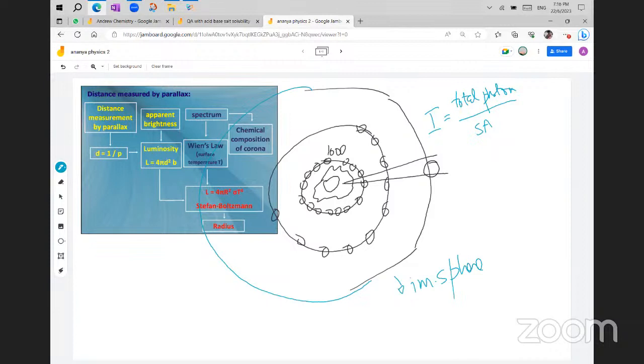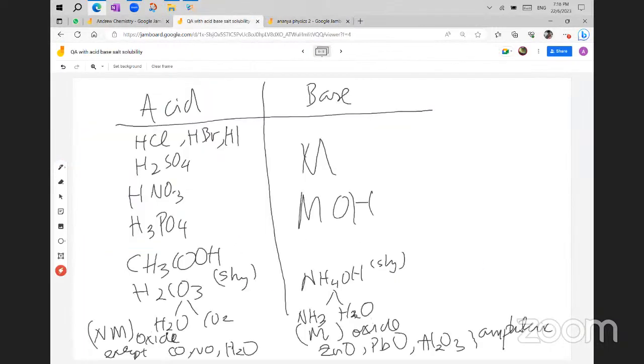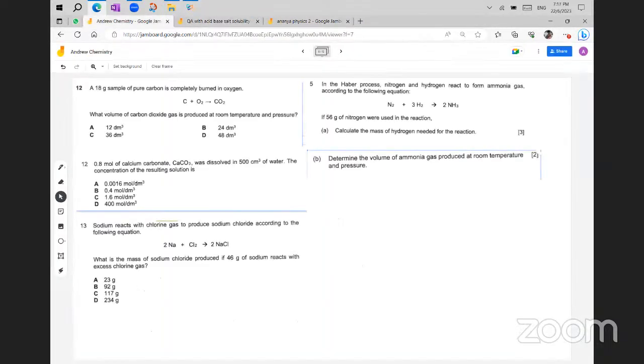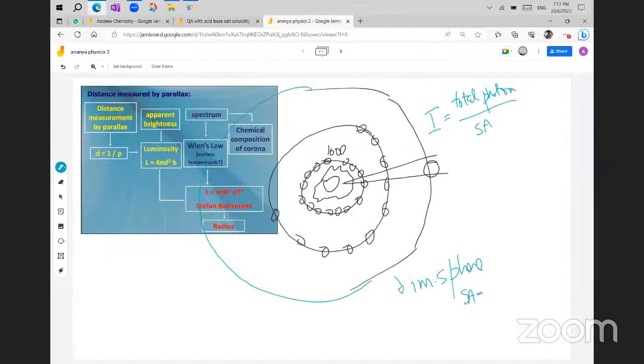Yeah. Okay. Surface area of a sphere is, if you don't remember, tell me. 4 pi r squared. Yeah, square. Right.